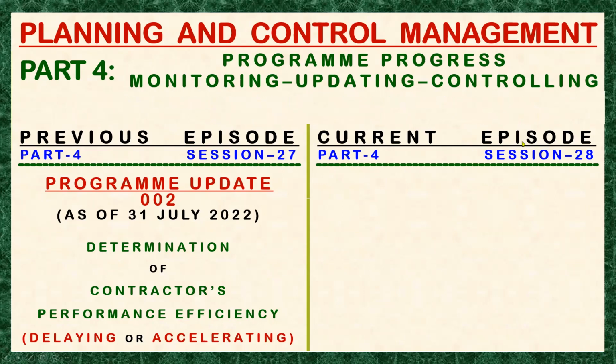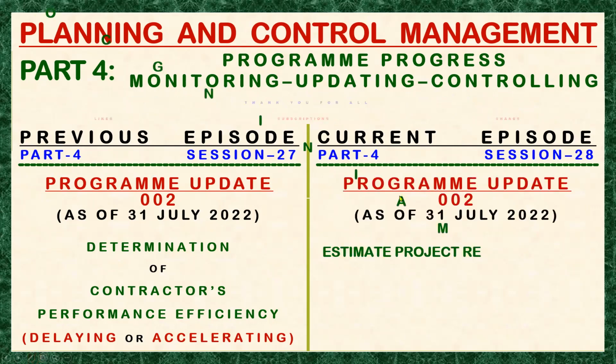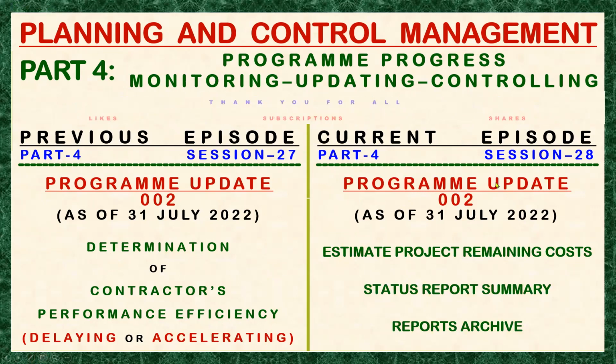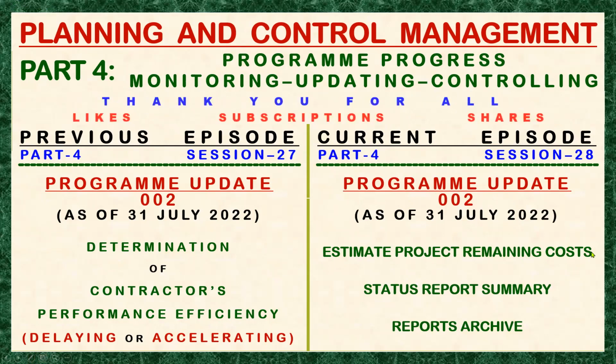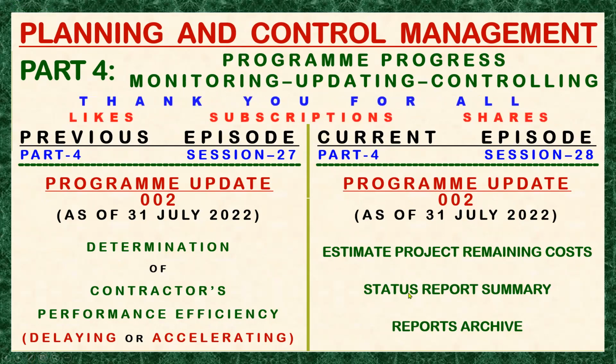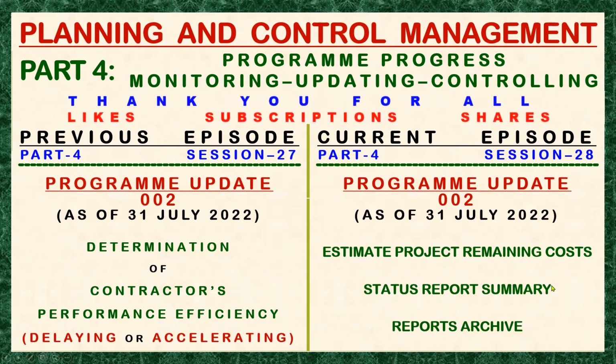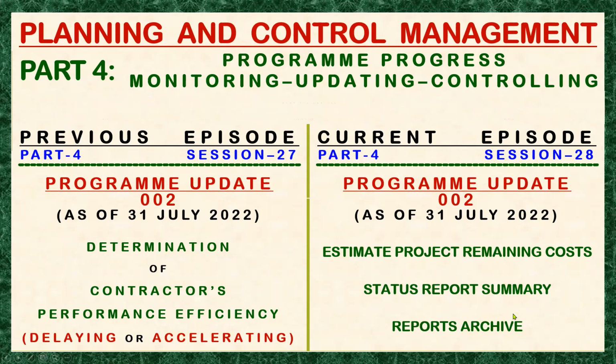The next episode now is Part 4, Session 28, also for the program update 002 for the month of July 2022. It is specific to estimating the project remaining cost, and also the status report summary and the reports archive.